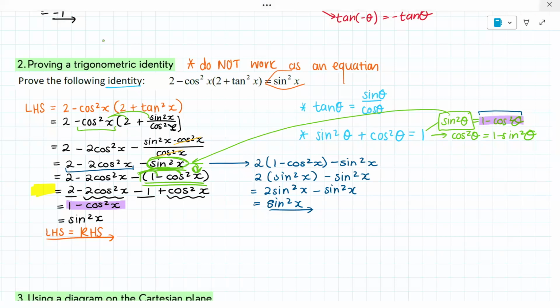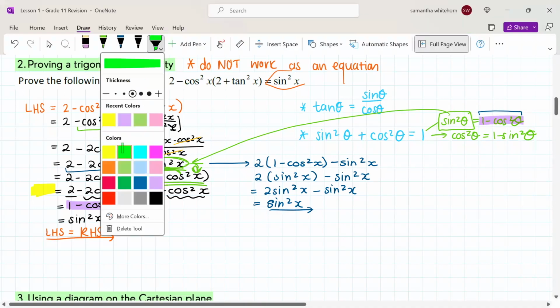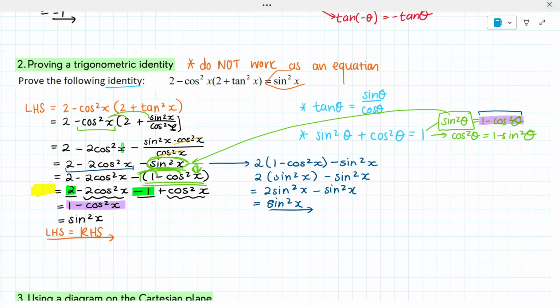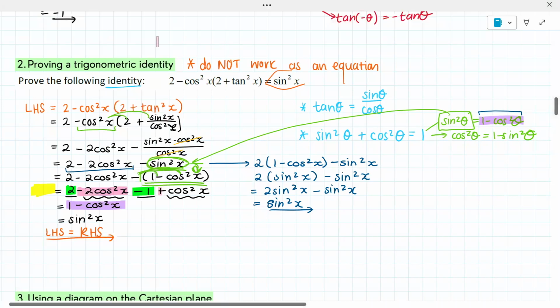Okay, perfect. So what we're now doing is we're collecting our like terms. So 2 and -1 are both constants. And then we have negative 2 cos squared x plus cos squared x. So those are my like terms. So 2 minus 1 is 1.